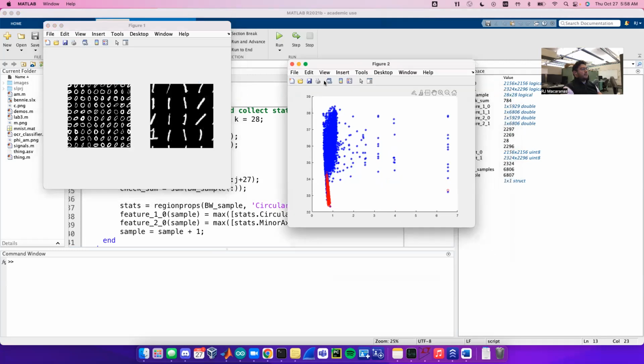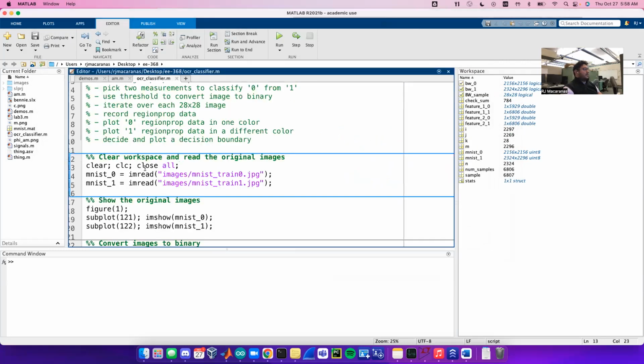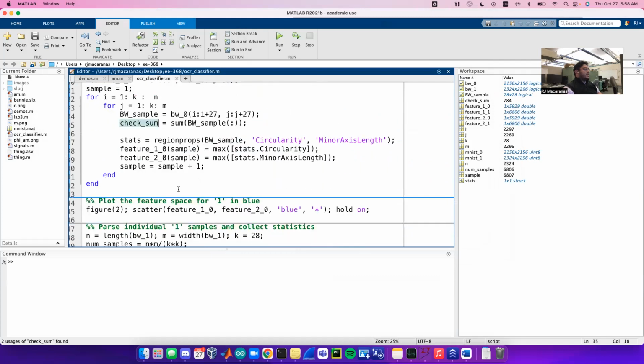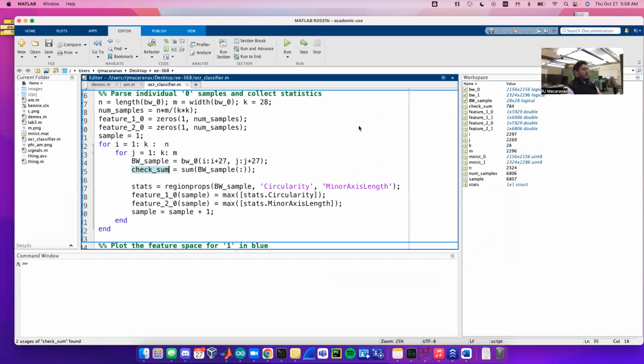And I've gathered some statistics from it using this region props. Right, so I iterate over each sample. I grab the sample itself. So it's BW, the black and white sample. Don't worry about this. We don't need that checksum anymore.